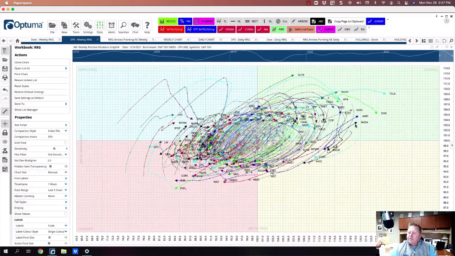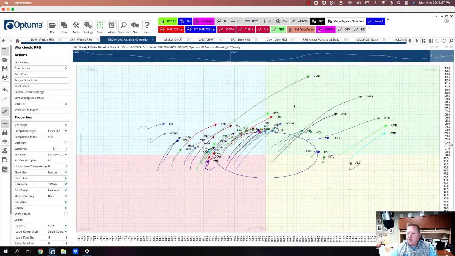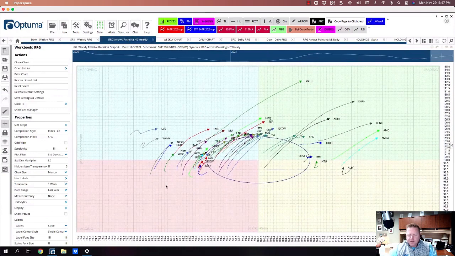AMD and NVIDIA, both semiconductor stocks, are doing very well, and they've continued to do well, by the way. We see Ford is doing really, really well, Enphase, and so on. So when I go back to my little cheater code that I created, this is a code that shows me all the stocks that are pointing northeast.